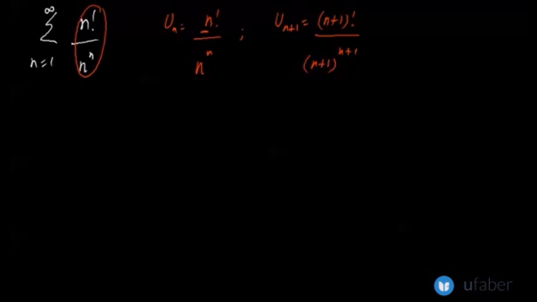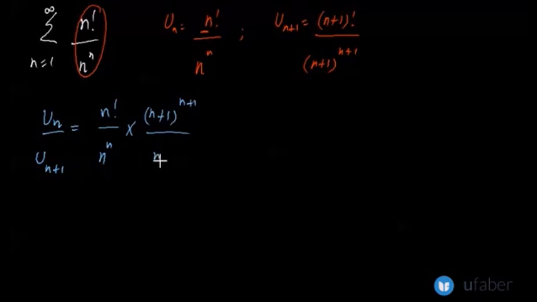Now let us find out the ratio of un by un plus 1. Un was n factorial by n to power n, and this would come to be the reciprocal, so this is the case. Okay, now let us simplify it.